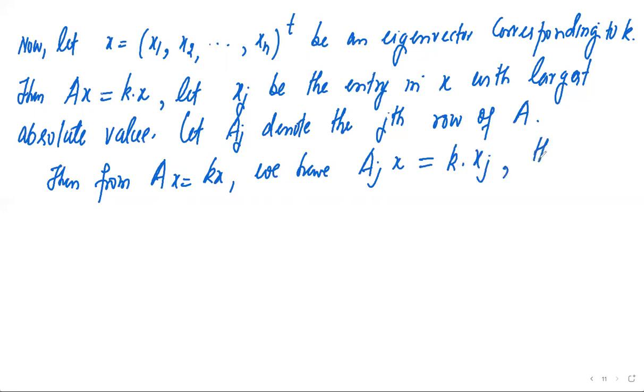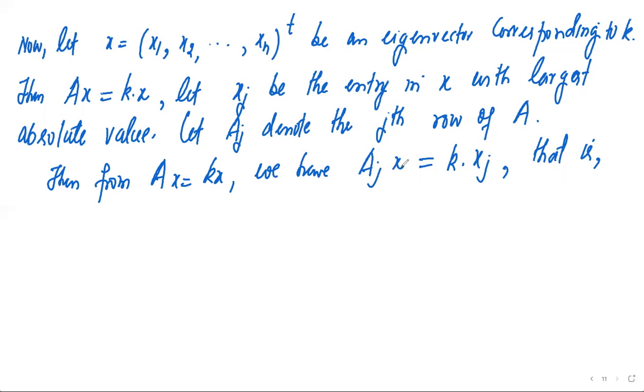Now this Aj x means the sum of those elements in x which are multiplied with the non-zero entries in the jth row of A. We know that the jth row of A contains exactly K non-zero entries, and each of those non-zero entries is equal to 1.